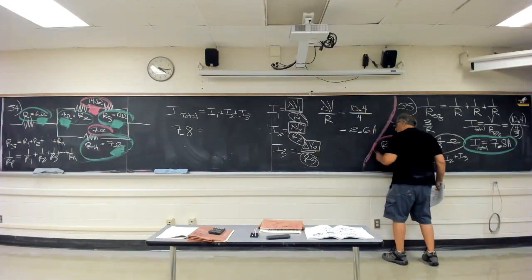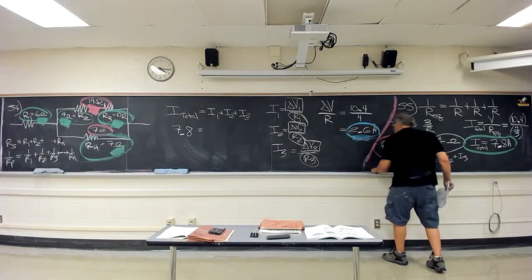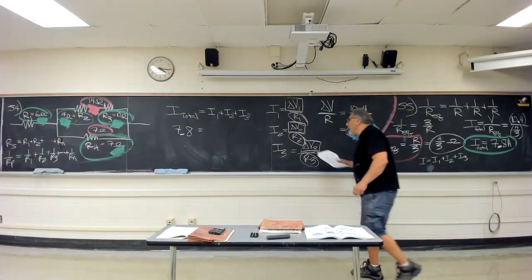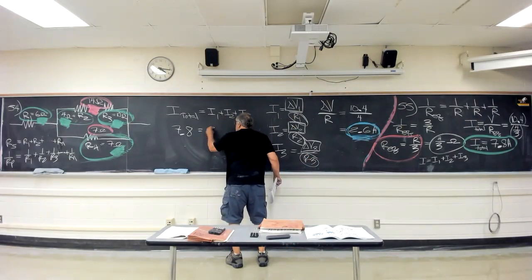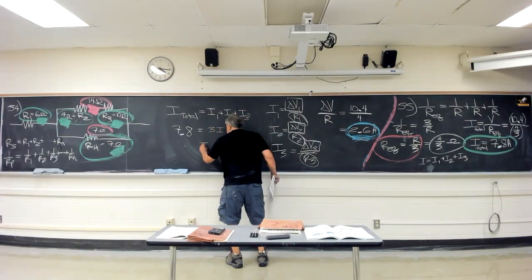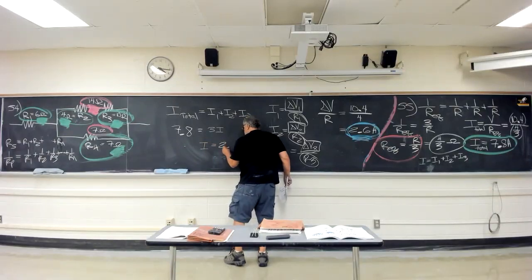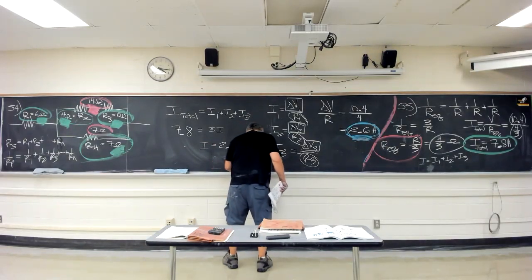Each one is going to have 2.6 amps associated with it. At the end of the day, that's what's coming. Each one of these is equal. We'll just call them I. Divide by 3 on each side, you get the 2.6 amps that we're talking about. Same argument all the way around, you guys.